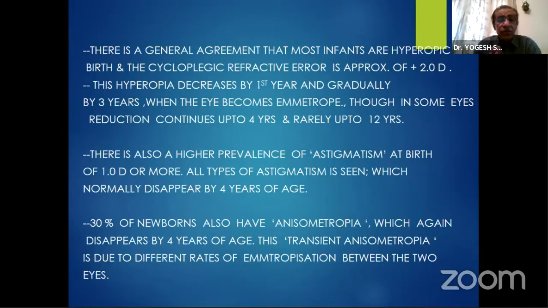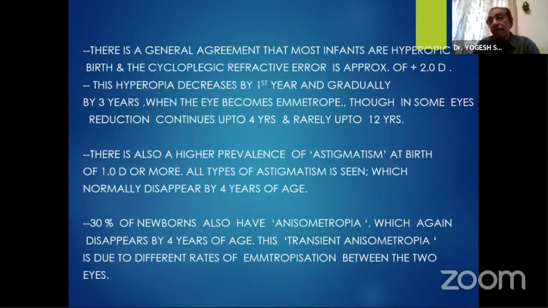Now, 30% of newborns also have anisometropia. That means a difference of refractive errors between the 2 eyes, which again disappears by 4 years of life. This transient anisometropia is due to different rates of emmetropization between the 2 eyes.